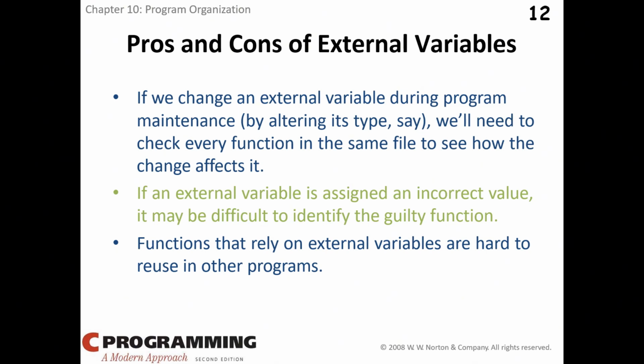Furthermore, if an external variable is mistakenly assigned an incorrect value, it can be challenging to identify which function is responsible for the error. This can lead to debugging difficulties and inefficiencies when we are trying to troubleshoot issues within our code.